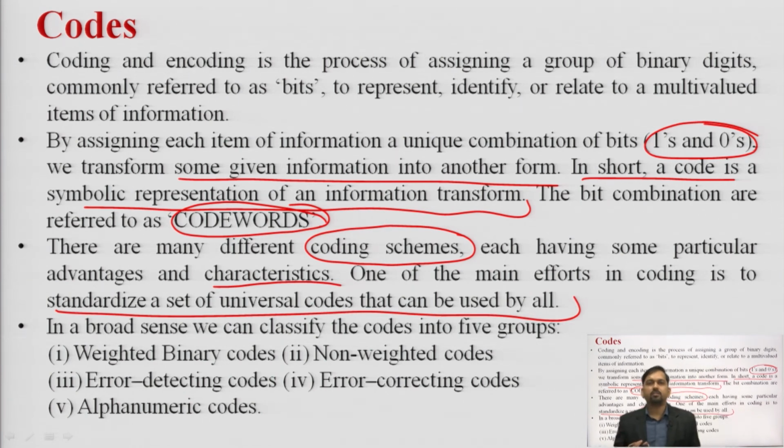Generally we have some standard codes: first the weighted binary codes, then non-weighted codes, error detecting codes, error correcting codes, and alphanumeric codes. In digital communication, we will see the error correcting and error detecting codes, like the Hamming codes and the cyclic codes. But here in digital electronics, we'll be seeing only the weighted and non-weighted codes.